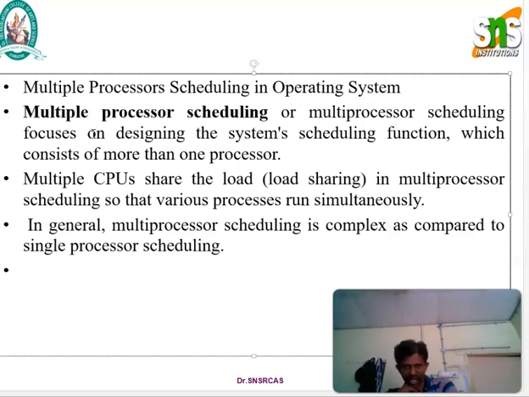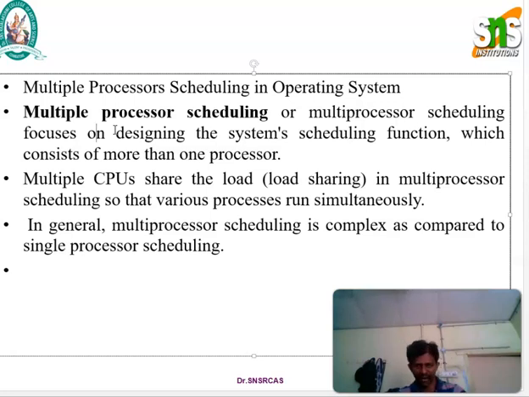It focuses on designing the system scheduling functions for a system which consists of more than one processor. Here we have scheduling functionalities based on the information where we have more than one processor. Next one, multiple CPUs share the load, that is the load sharing concept in multiprocessor scheduling, so that the various processes run simultaneously.